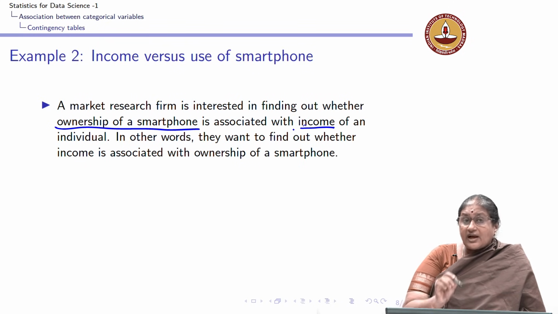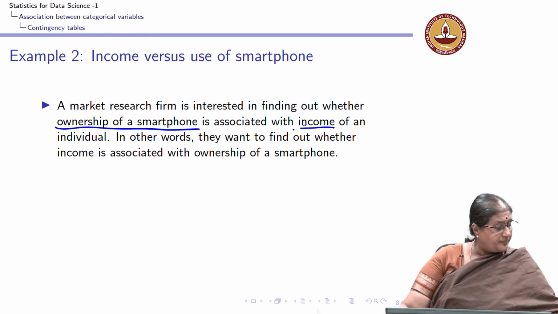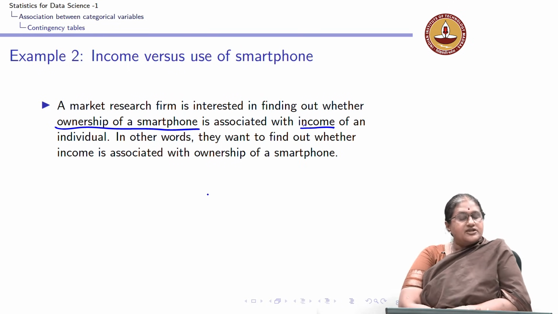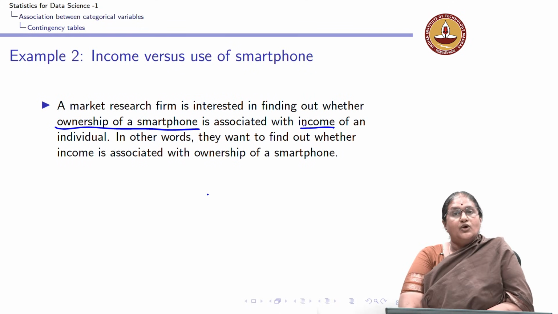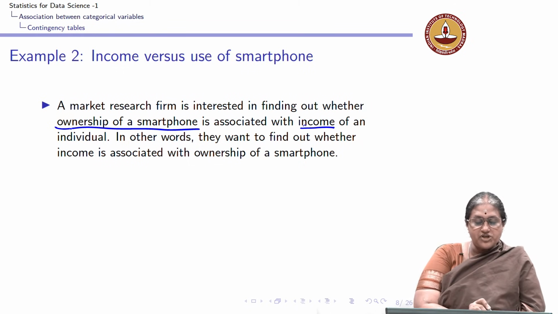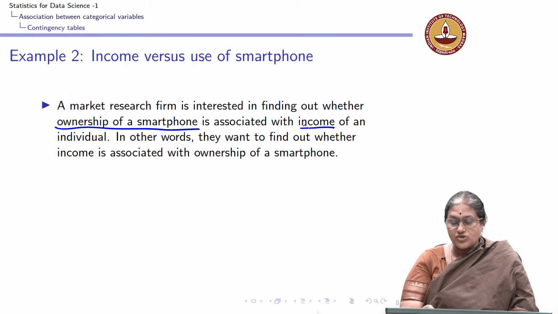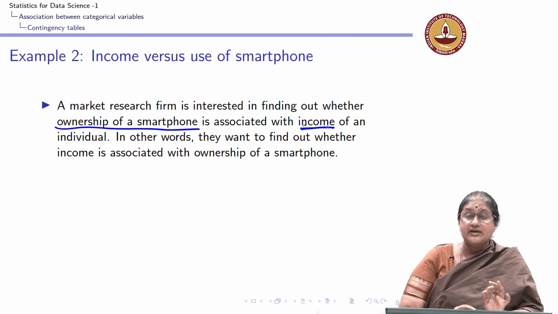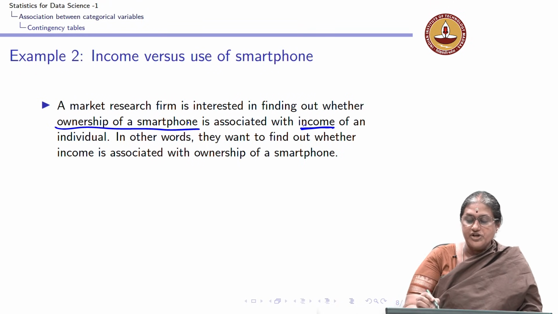Now, how do we record this income variable? In this example, we have a market research firm which is interested in finding out whether ownership of a smartphone is associated with income. So, what are the two variables here? The first variable is ownership.